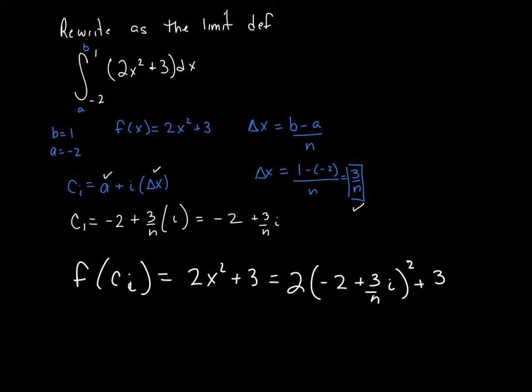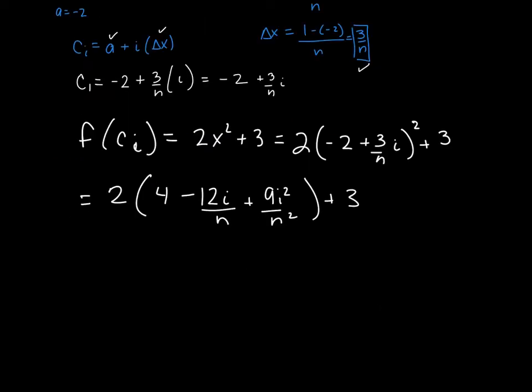And if I multiply that out and simplify it, that gives me 2 times (4 minus 12i over n plus 9i squared over n squared) plus 3.